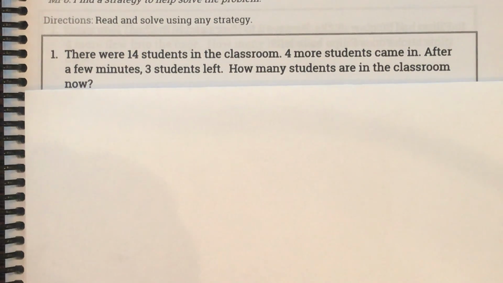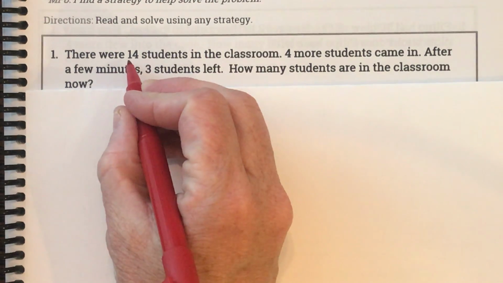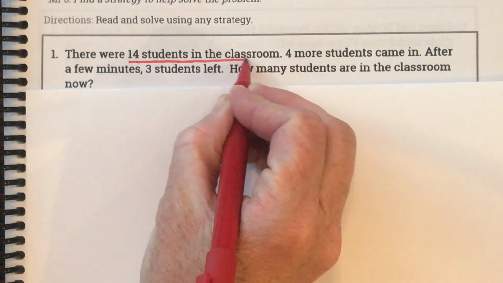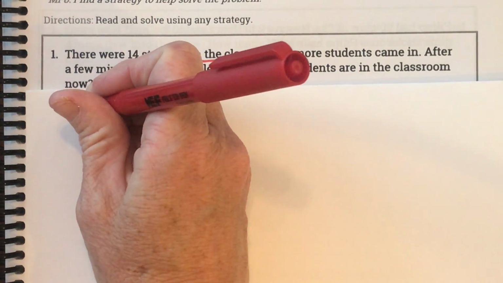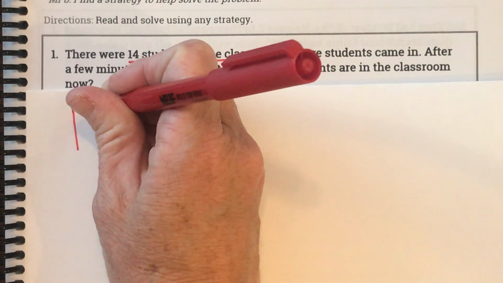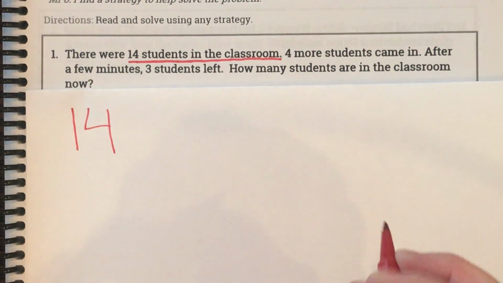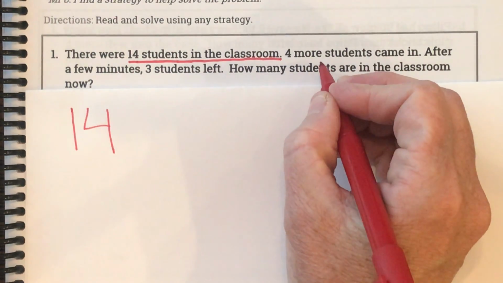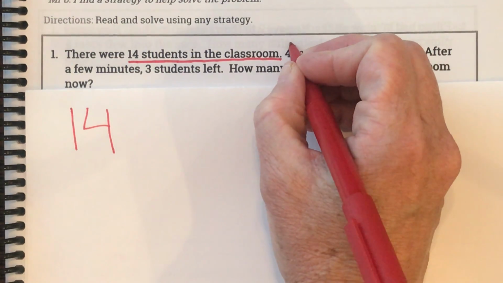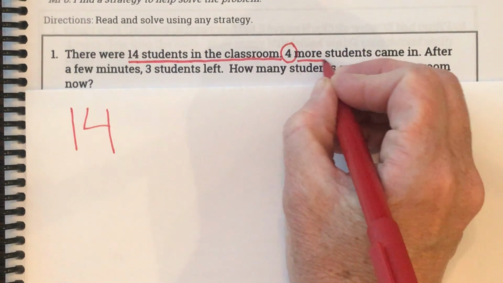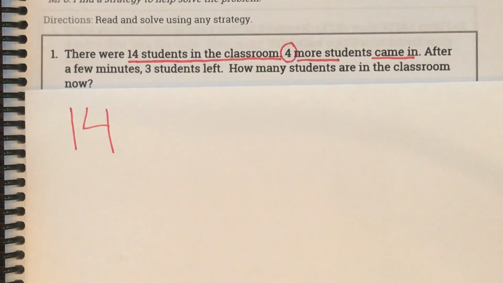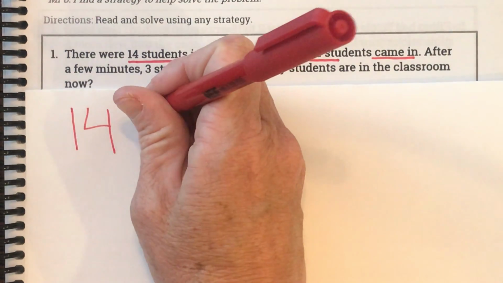It says, there were 14 students in the classroom. So I have 14 in the classroom. And then it says 4 more came in. If 4 more came in, wouldn't that be adding?